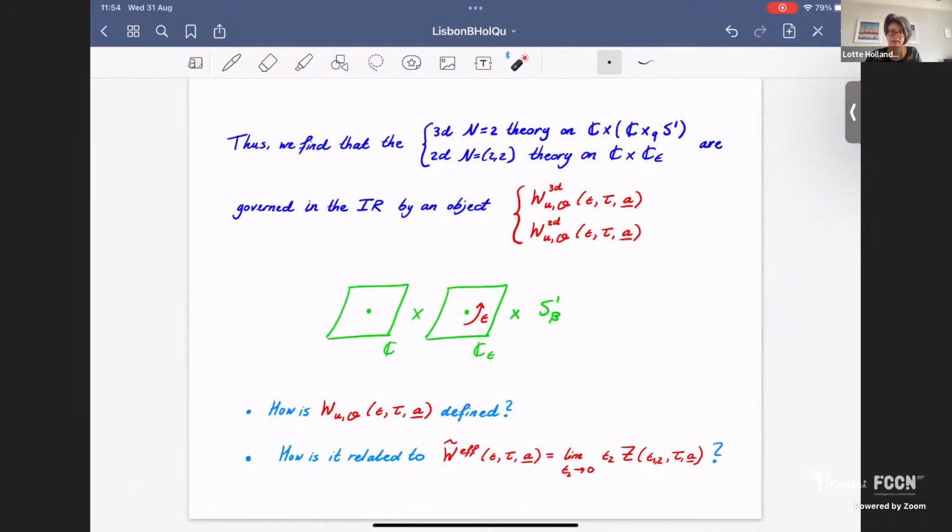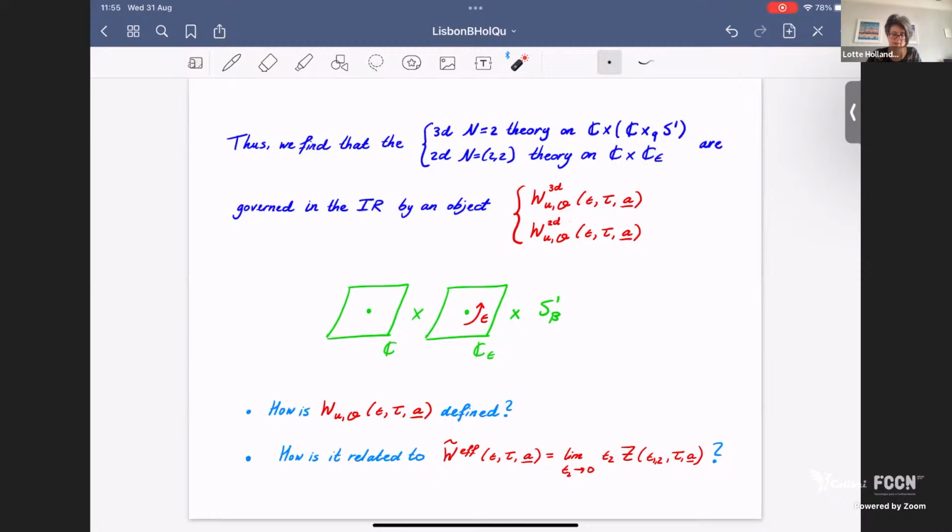What we should take out of this is that the five-dimensional theory in this half omega background, which reduces effectively to a three-dimensional theory on C times S1, as well as the corresponding two-dimensional theory, are governed in the infrared by a certain superpotential, which is labeled by the Coulomb parameter U as well as this phase theta.